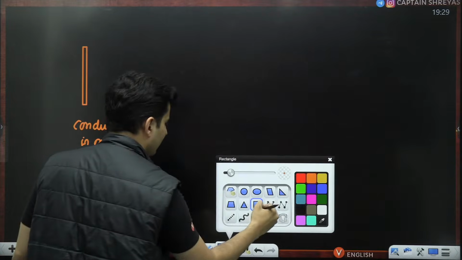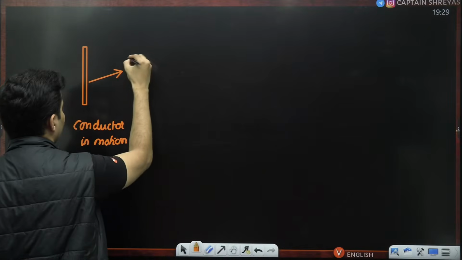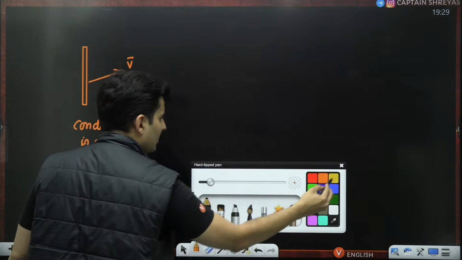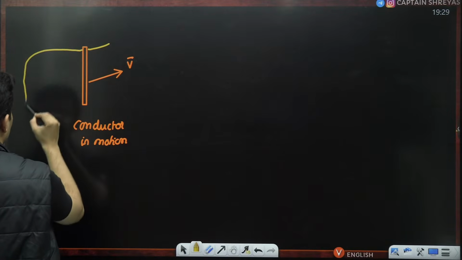Let's say the conductor is maybe moving like this with some velocity, and just imagine it is touching some wires like this.